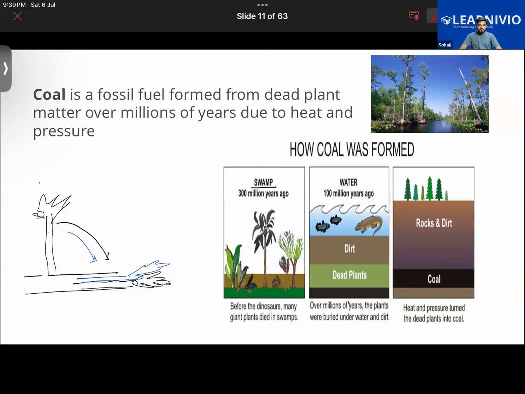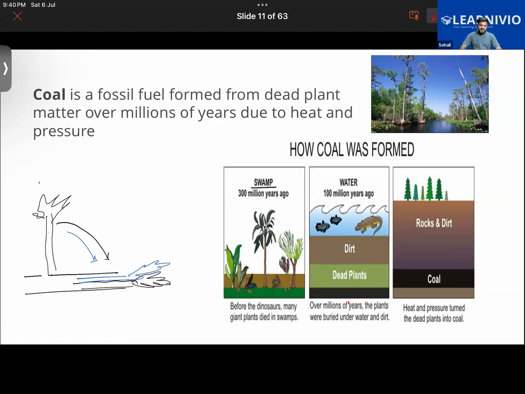This continued, and many trees kept burying inside the soil, and they got deeper where the pressure was high and the heat was also high, which converted them into coal over the course of millions of years.